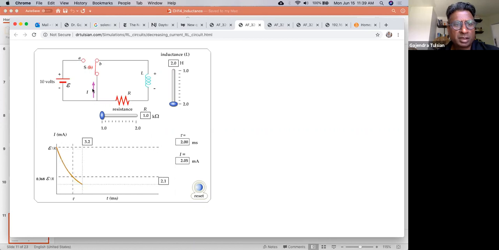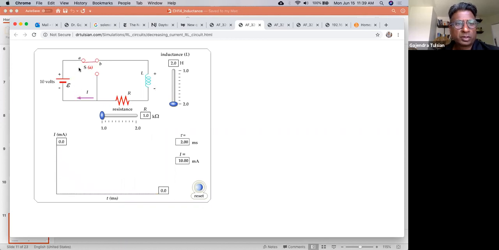Look, there's still a current flowing. By the way, this end should be positive and that end should be negative, so in the simulation that's a mislabeling, but we'll ignore that. Here's the steady state current again. I'm going to remove the battery, and look, there's still a current flowing in the circuit.